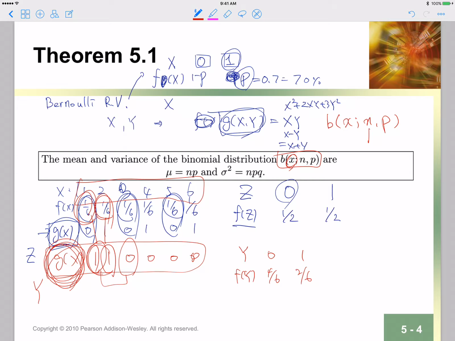So n is the total number of samples that we have to obtain, and p is the probability of sampling, for example, red balls at each trial. And our random variable that can change is the number of red balls that we observe out of n total number of samples.